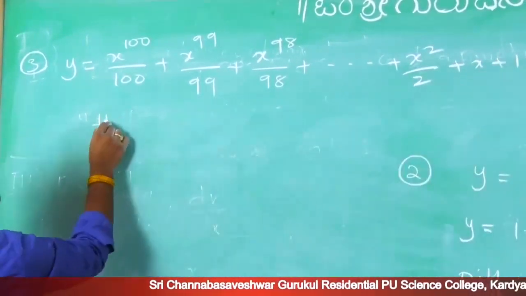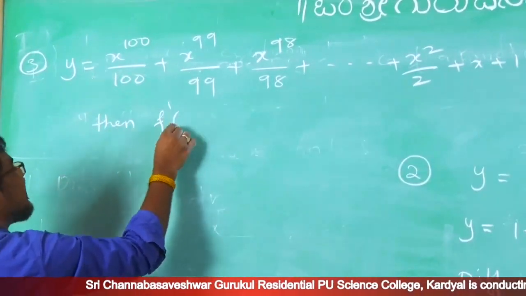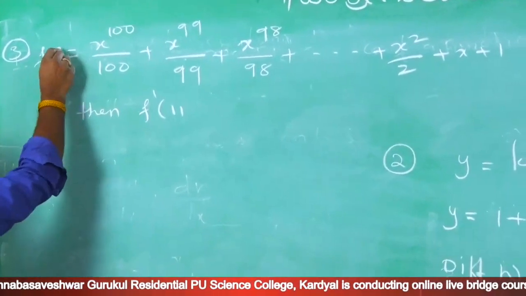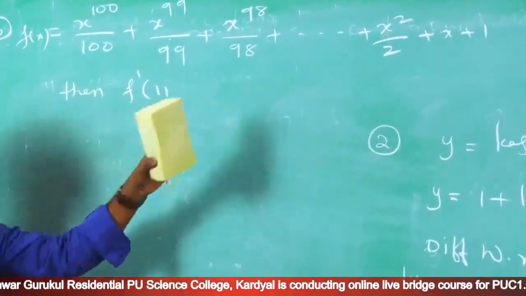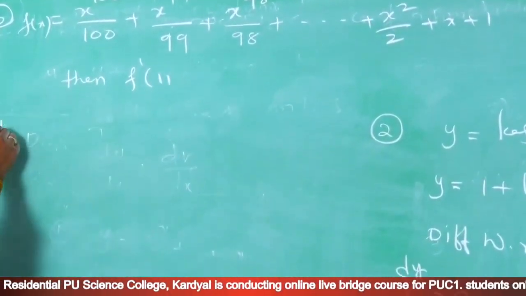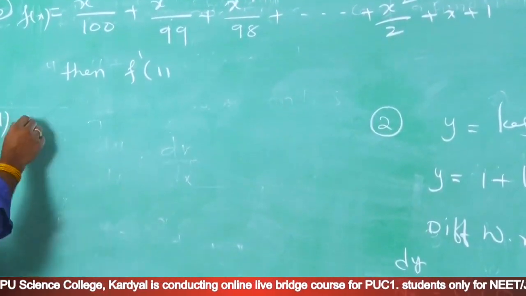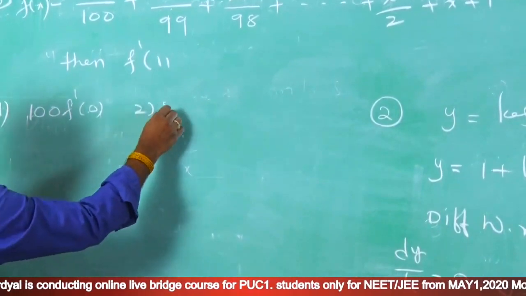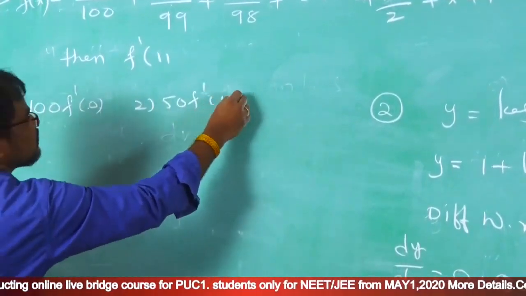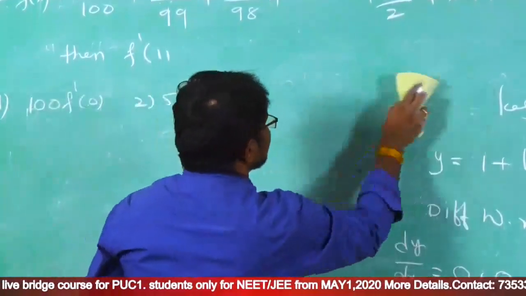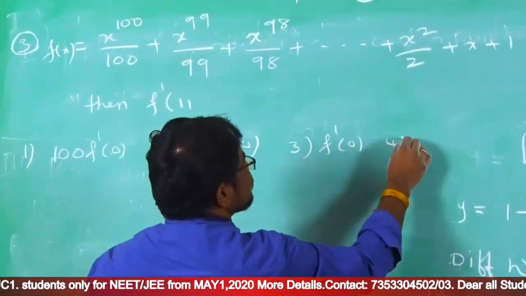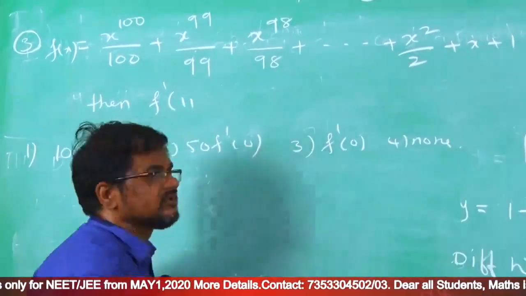Then they asking f dash of 1. Means if you take it as y, dy by dx at x equal to 1. So first option is 100 into f dash of 0, second option is 50 into f dash of 0, third one is f dash of 0 and fourth one is none, like this they given.